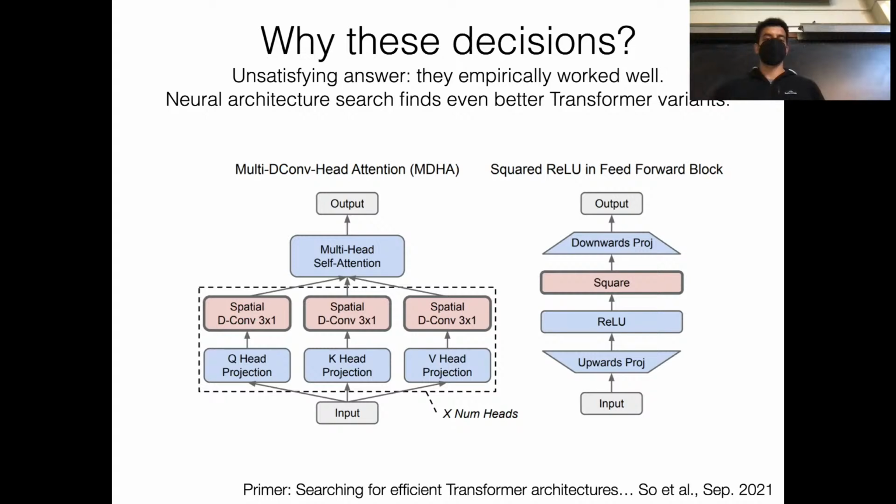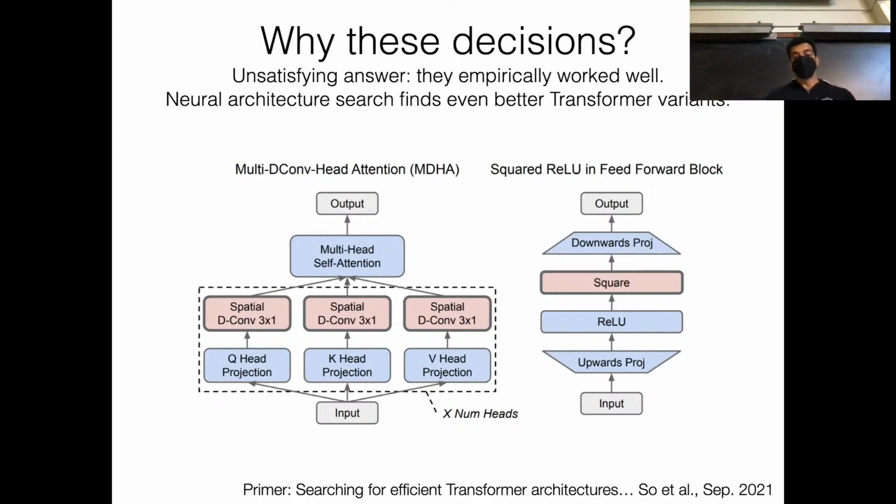And why do we have this feed forward and concat instead of some other function? All of this you can only answer with: Google tried all these things and found that this works best. But even Google can't try all possible combinations of things. So neural architecture search is basically automating this process of trying out new architectures.